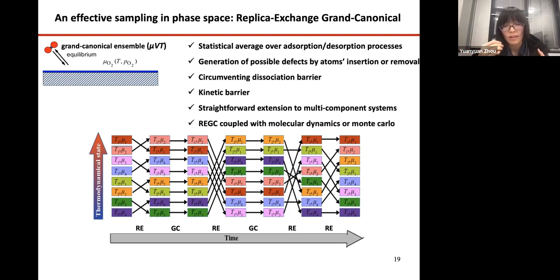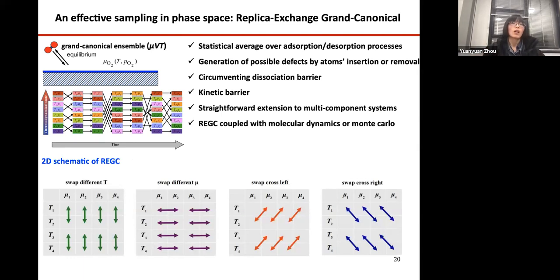It also helps replicas at high chemical potentials, where usually you have a lot of insertions, so the system has many atoms and heavy diffusion issues. Replicas at high chemical potentials have a chance to reach low chemical potentials, so there is a way to exchange particles with the reservoir. This alleviates the diffusion problems.